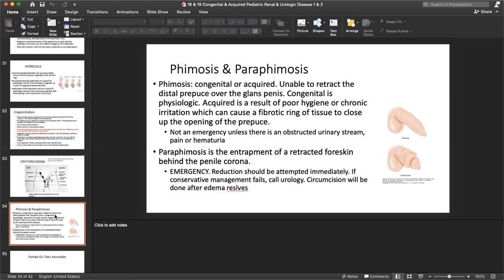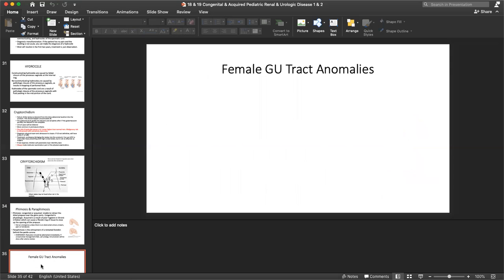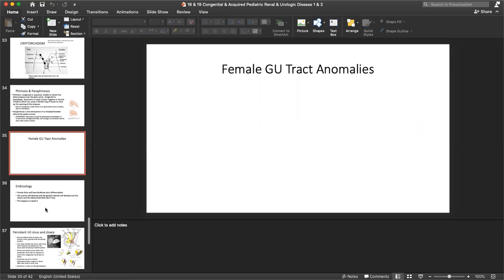Same thing with this. Paraphimosis is the entrapment of that retracted skin behind the penile corona. It's an emergency. So make sure that you know paraphimosis, emergency, phimosis, not. That's men. Let's look at females.